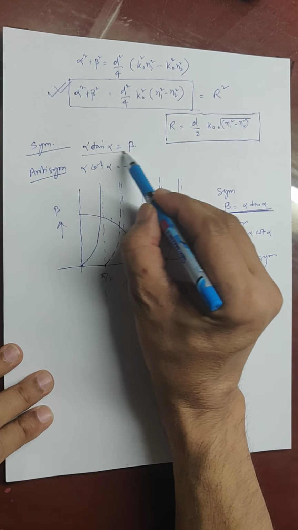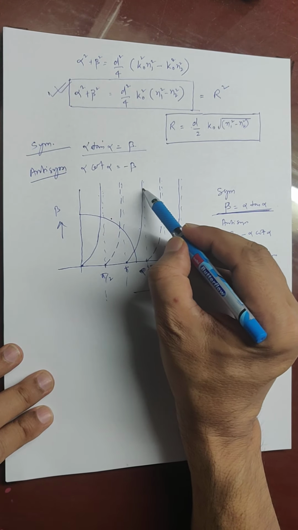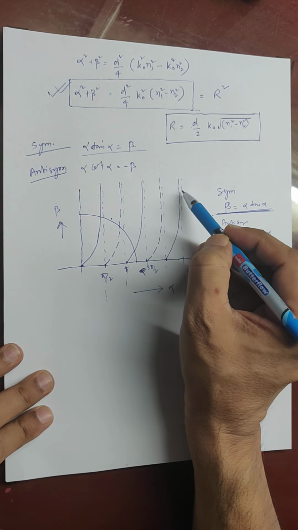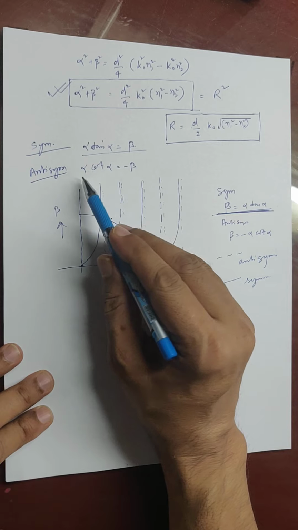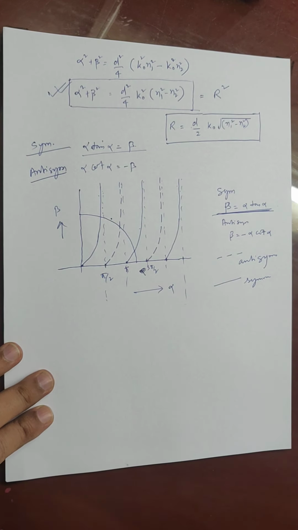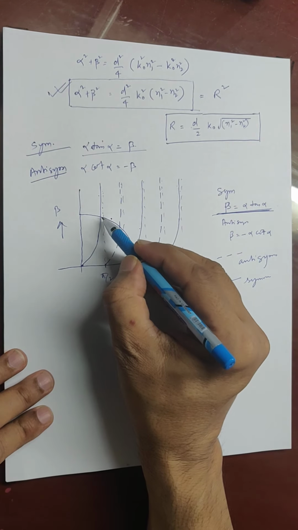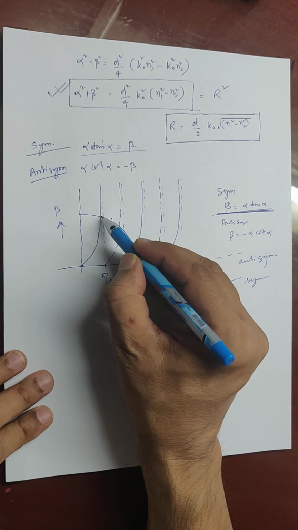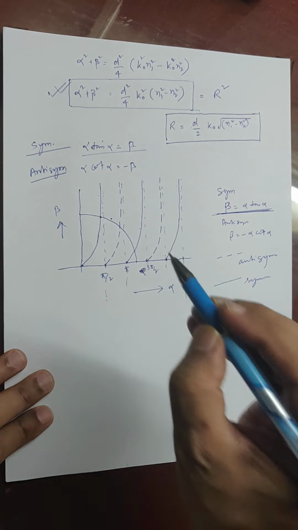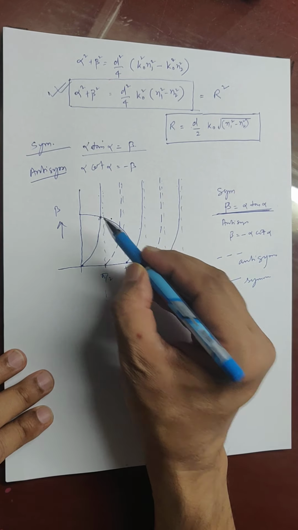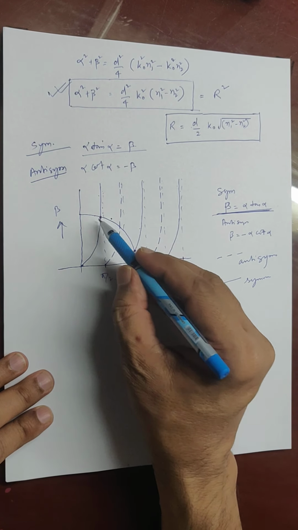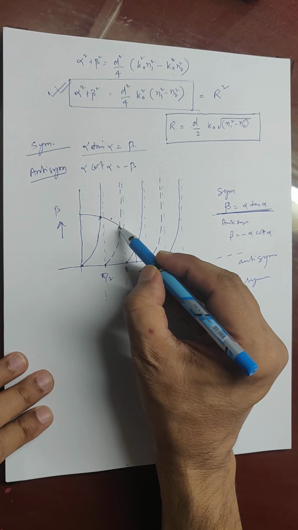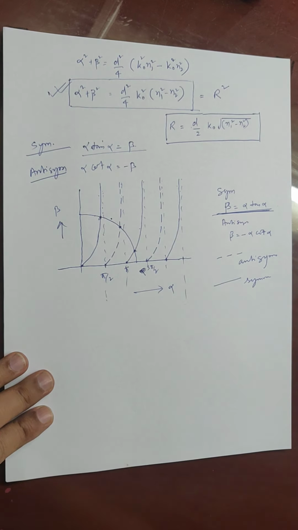Alpha tan alpha is the solid line, and the dashed lines are for antisymmetric. And so wherever these lines cut, at this point there would be a solution, at this point also there would be a solution. So these two would be symmetric solutions, and here you'll have an antisymmetric solution.